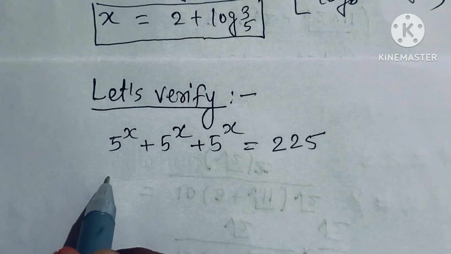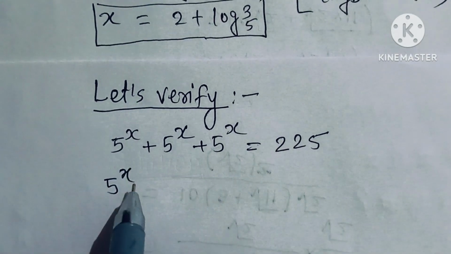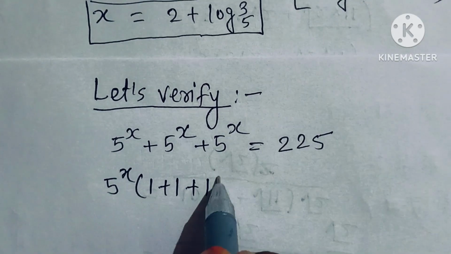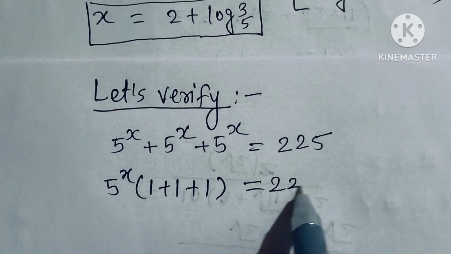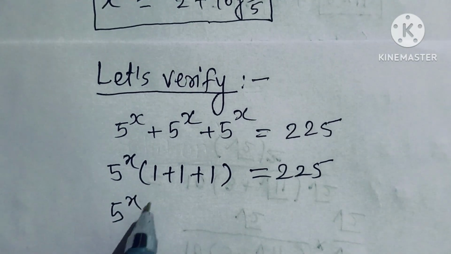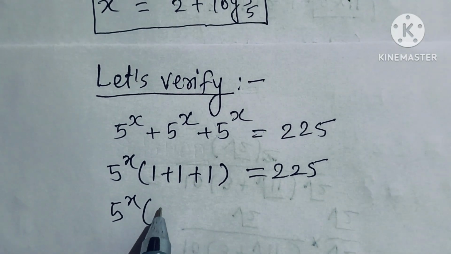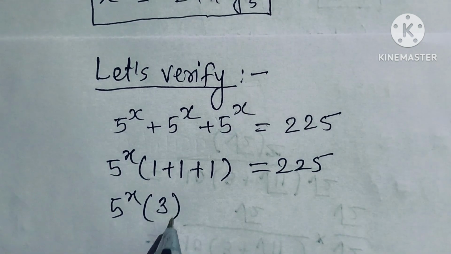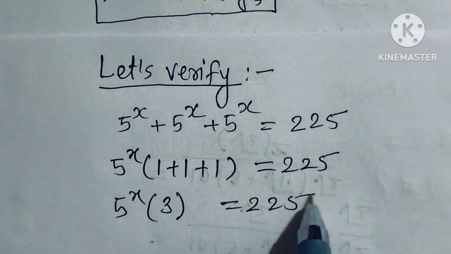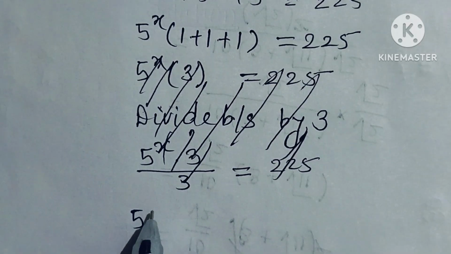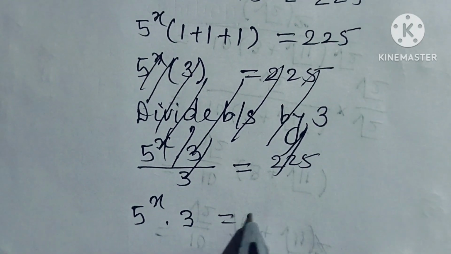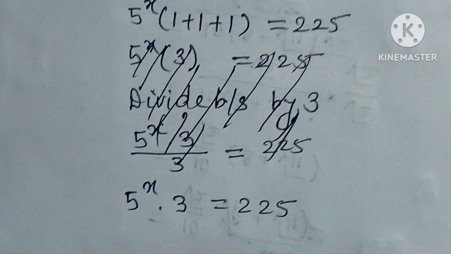Take common 5 raised to power x. 1 plus 1 plus 1 is 3, so 5 raised to power x into 3 equal to 225.